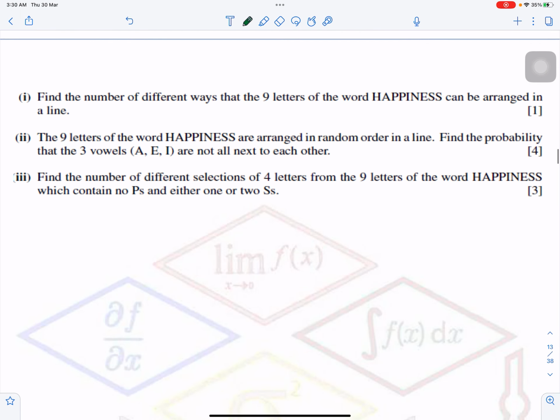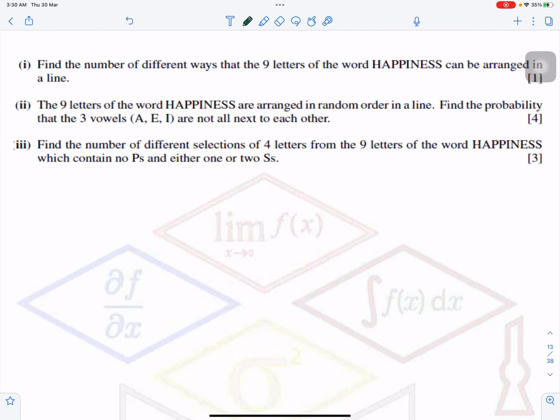Let's do it on the next page. Find the number of different selections of 4 letters from the 9 letters of the word happiness which contain no P's and either 1 or 2 S's. Now this is the case of a condition. You have to select 4 letters. Okay, 1, 2, 3, 4. Now what is the condition? There are 0 P's, meaning P's you have to leave out.